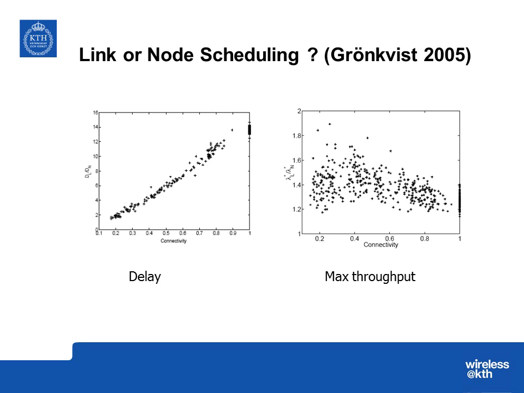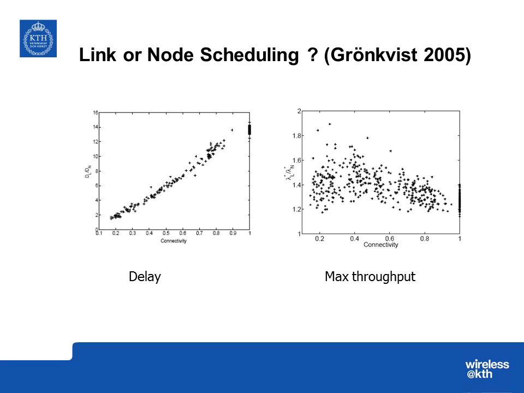The left hand curve shows the relationship between the delays in the link schedule and the node schedule, or you can say the length of the link schedule compared to the length of the node schedule. And this is the delay for low traffic. If we have a long schedule, link schedules tend to get very long, and we have to wait potentially quite a long time until our particular slot for our particular link shows up.